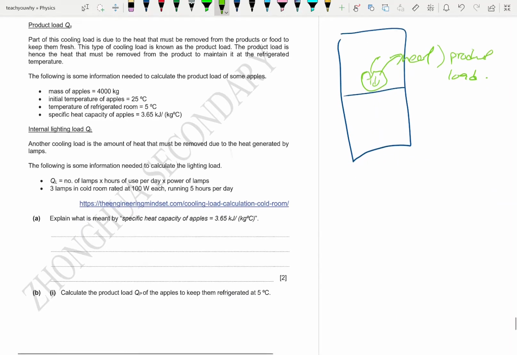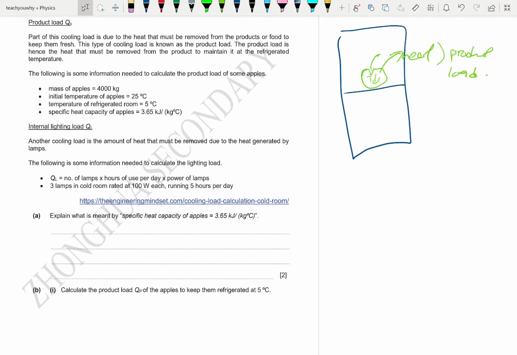The mass of apples is 4000 kg, initial temperature of the apples 25 degrees Celsius, temperature of the refrigerated room 5 degrees Celsius, specific heat of apples 3.65 kilojoules per kg degree Celsius.